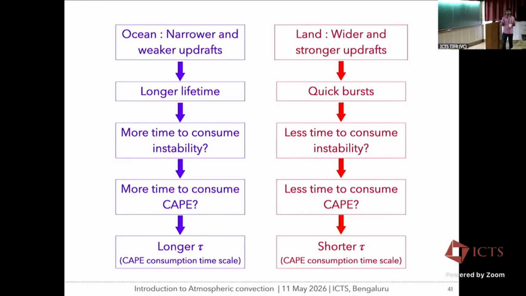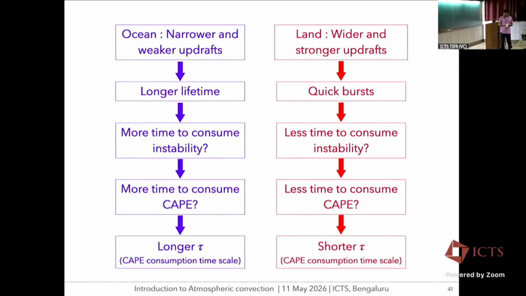So over ocean, because it's longer lasting, we can say that it might take a longer time to consume the instability in the atmosphere by the convection above it. And over land, it might take a shorter time to consume the instability.